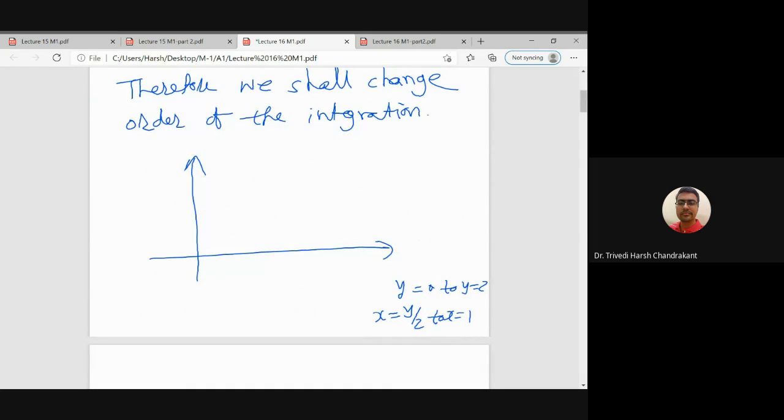So if you draw this region, the value of y is between 0 to 2, and the lines we are getting are y equals 2x and x equals 1. So y equals 2x is something like this, and the second line we have is x equals 1. So this is the line x equals 1.